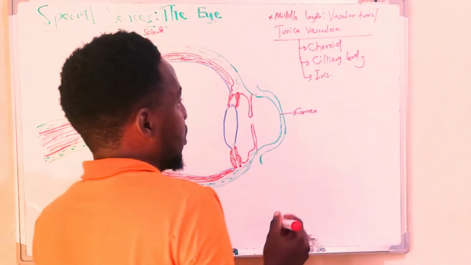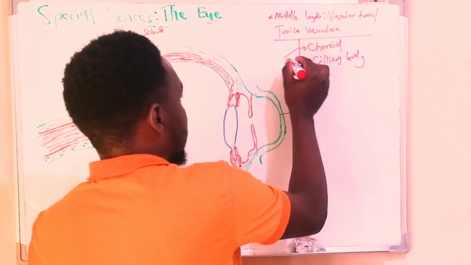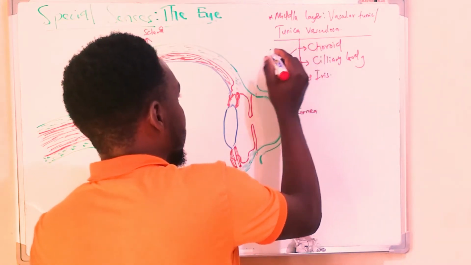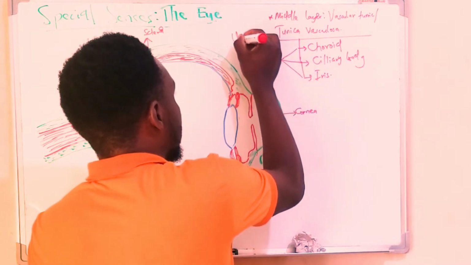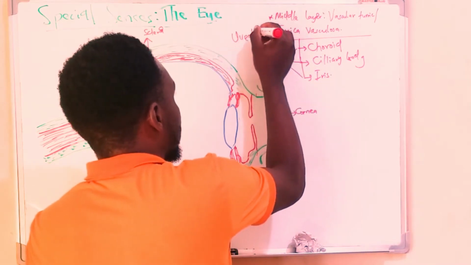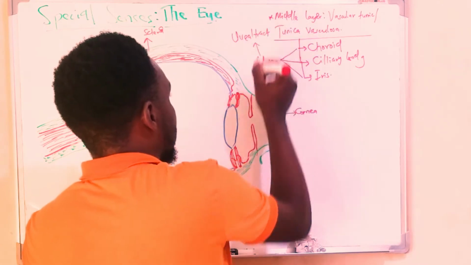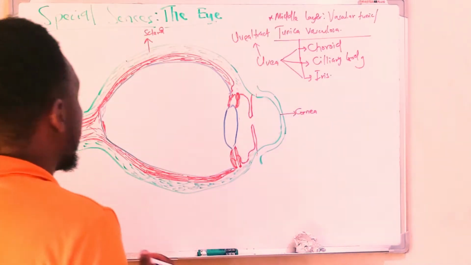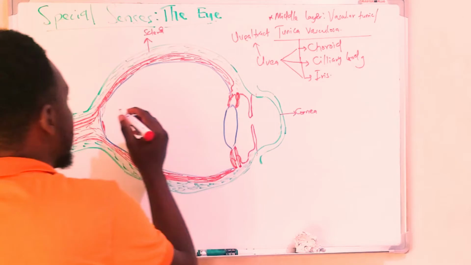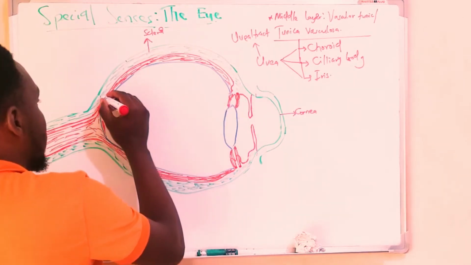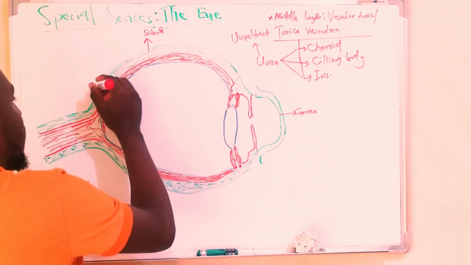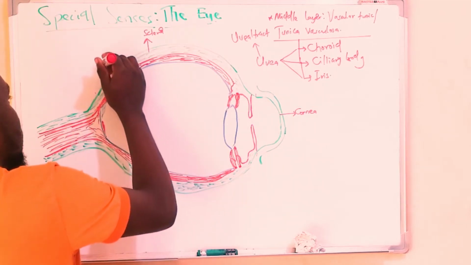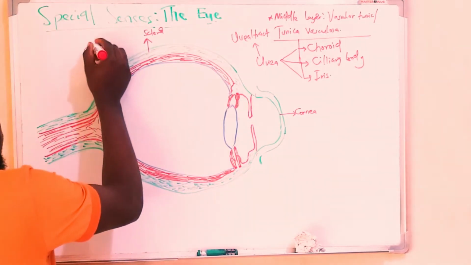Now, generally, these three are known as the uvea or the uveal tract. So the choroid is the most posterior part, which is the largest. From here to here, we have our choroid there. It is adjacent to the retina.